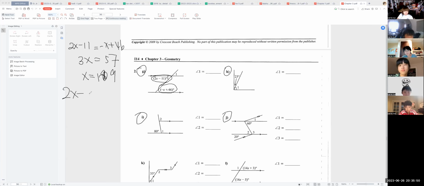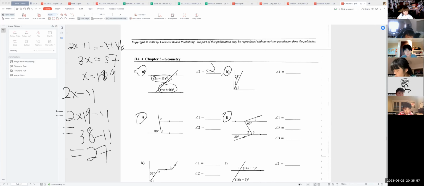So 2x minus 11 equals 2 times 19 minus 11. 38 minus 11 equals 27. So this is 27 degrees.